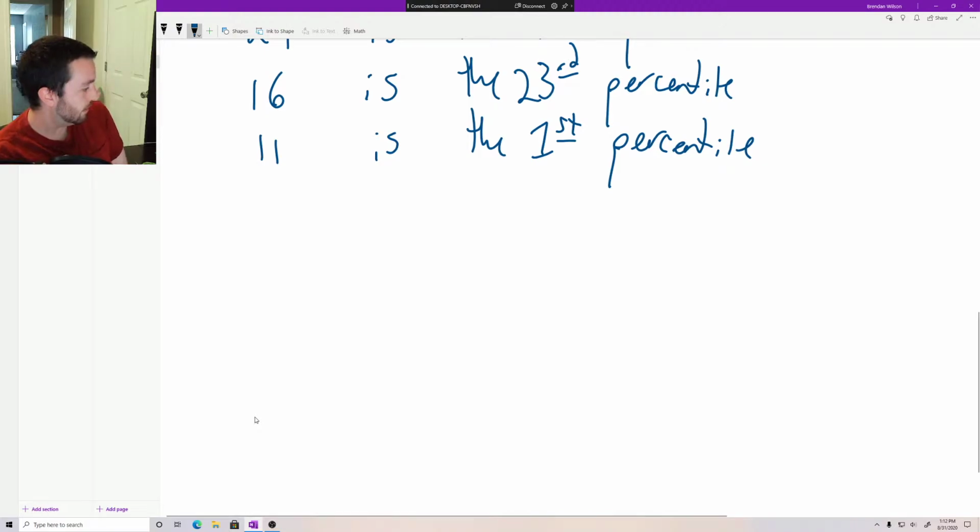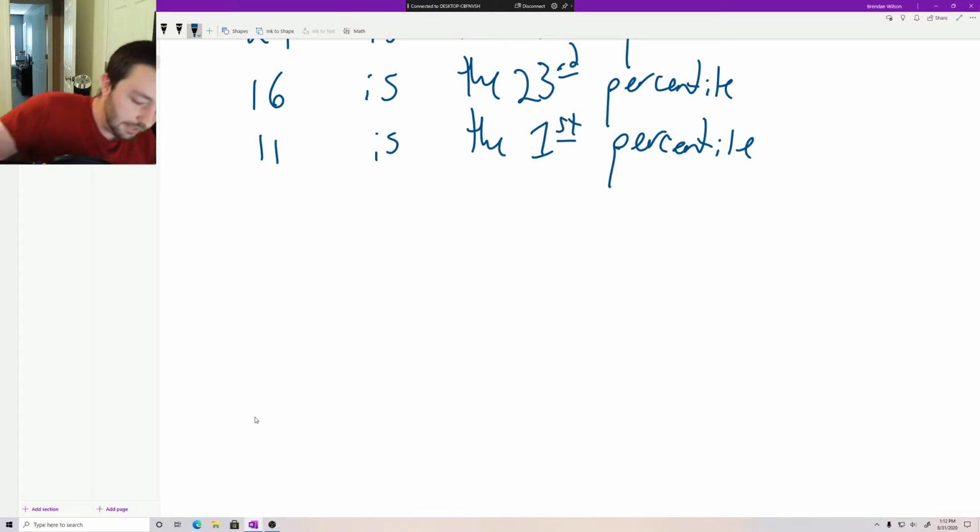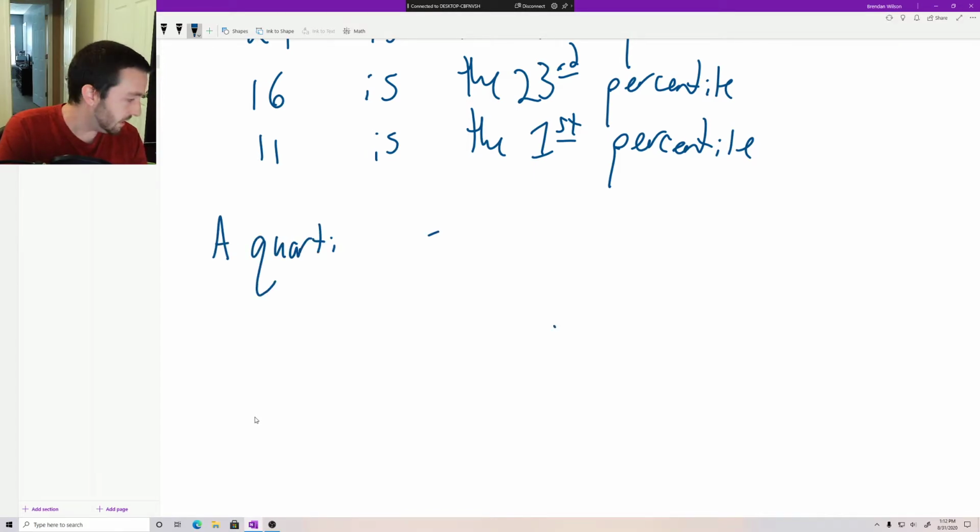All right, so let's forget about the standardized tests now. So these are the percentiles. What we're often interested in is what's called a quartile. So a quartile, well, let's think about that. 4 typically means 4, right?